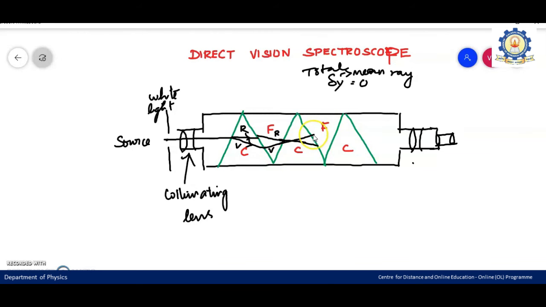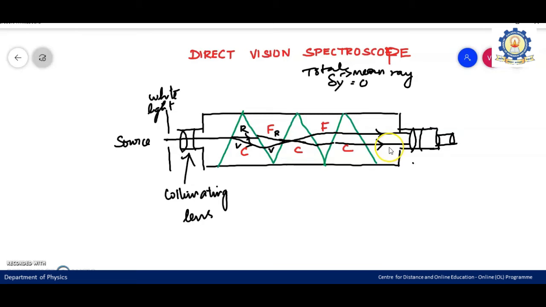The flint glass once again does the property of the dispersion without deviation. So dispersion occurs and it just comes outside, and this can be viewed through the telescope. So this shows that you can observe the variation of the colors.